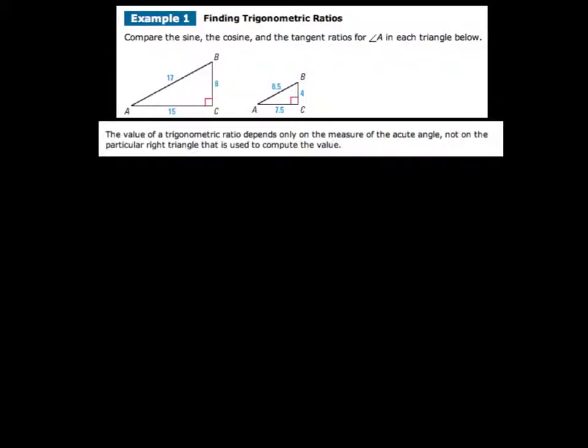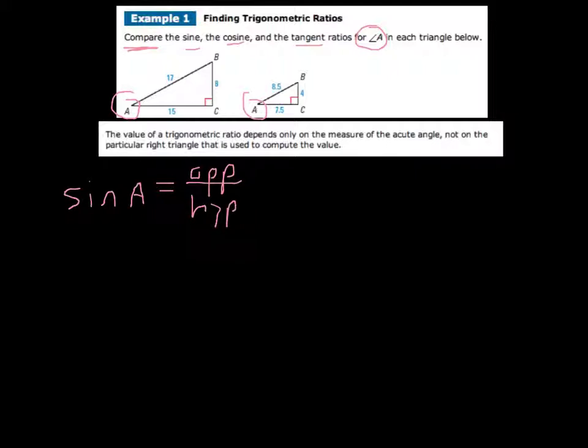On this slide, we're going to focus on comparing the three trig ratios for angle A in both triangles. So here's our angle A and our angle A. For the larger triangle, the sine of angle A is equal to the opposite over hypotenuse, which is equal to 8 over 15.